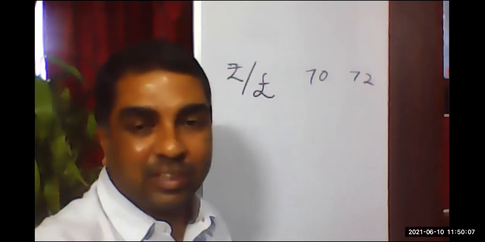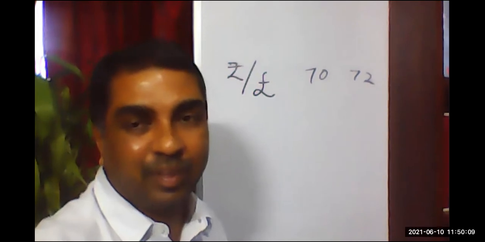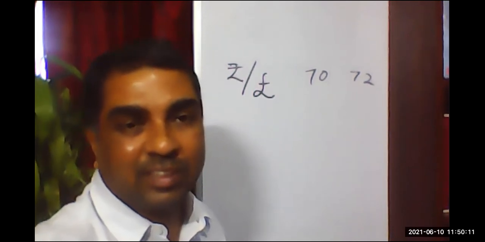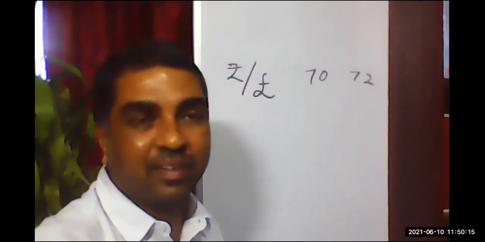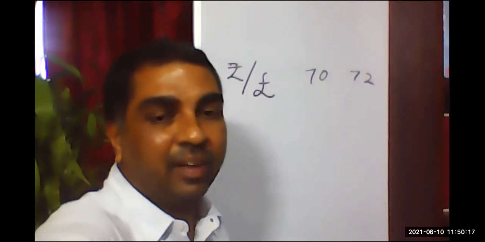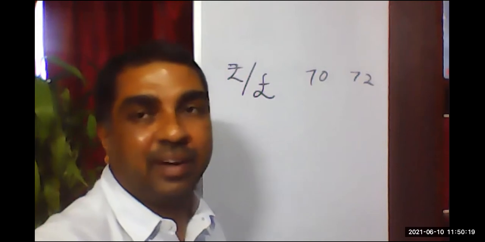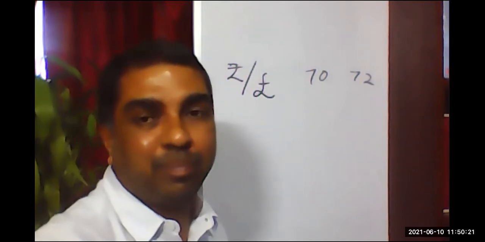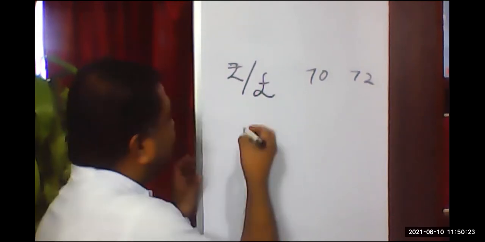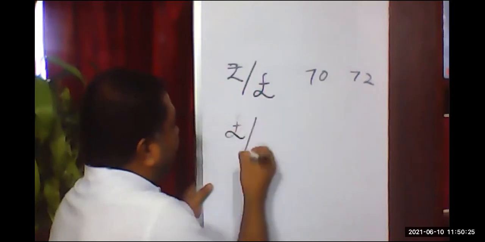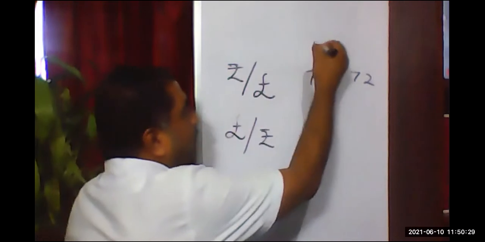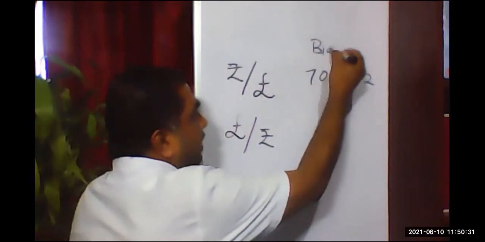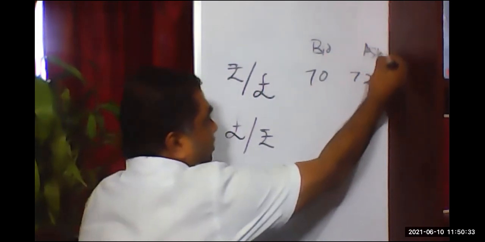And what the question is asking is to compute the relevant pound per rupee rate. Pound by rupee, you have to give two quotes. One is bid, one is ask.